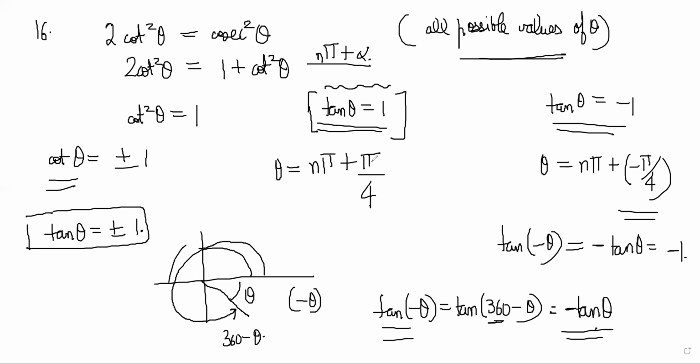Cos and sec are positive; sin and tan become negative. So the other answer comes as n pi minus pi by 4. Theta is equal to n pi minus pi by 4 or n pi plus pi by 4. Both of them are possible solutions. Correct, so that is the answer for this.